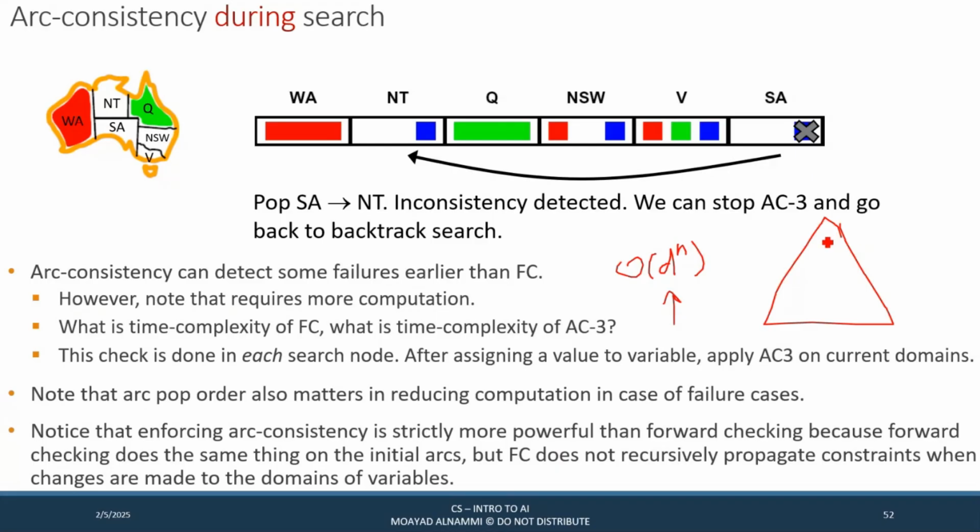And so if I can apply a sub-exponential cost like O(n) squared d cubed at each search tree node, and that hopefully can reduce huge amounts of this d to the power of n and makes me go down the path to a solution faster, this can be worth it. Okay. And so we can see in practice that AC3 is very, very powerful for a large number of problems. You can solve many, many huge CSP problems with many variables in a few seconds if you apply AC3.